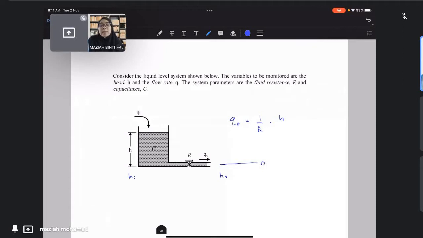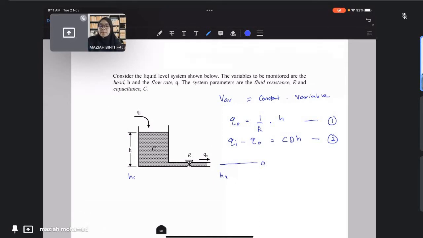Therefore it's just H. So remember, 1 over R is a constant, and H is a variable. And then for the second equation, Qi minus Q naught equals C dH.